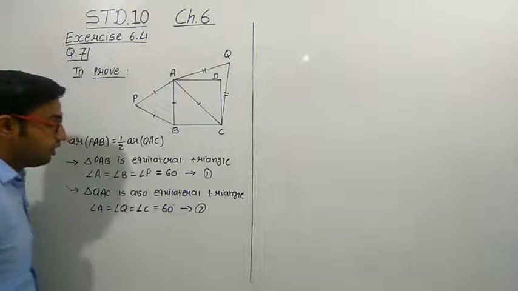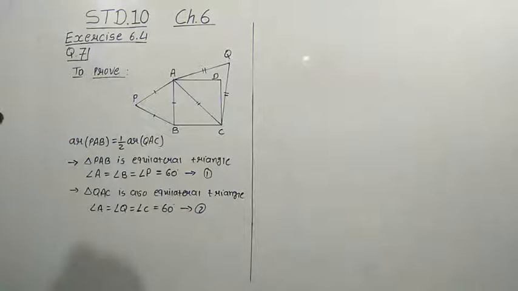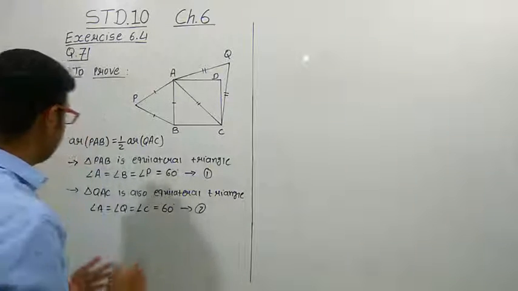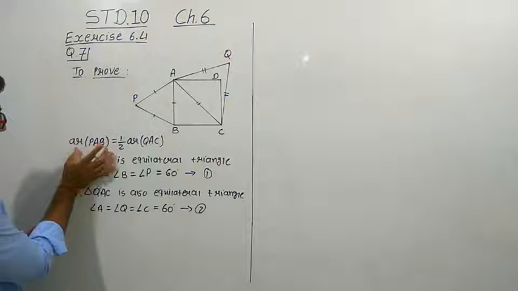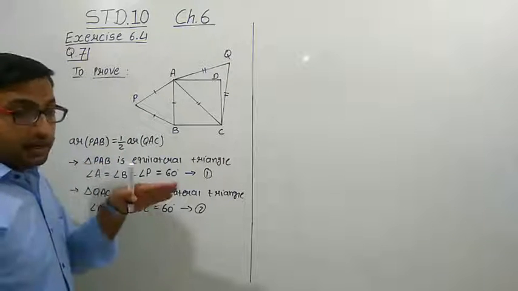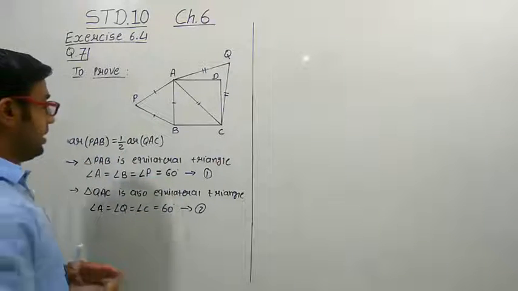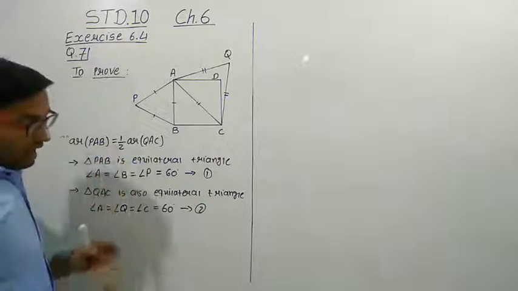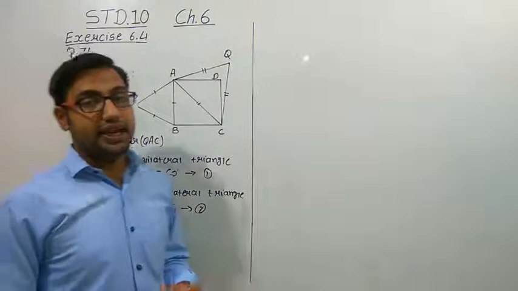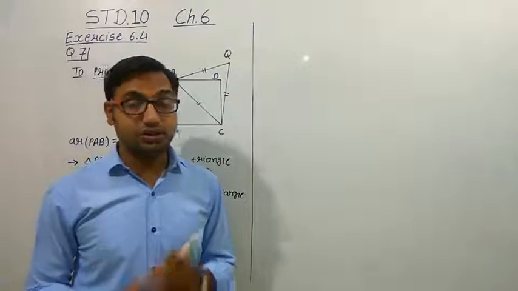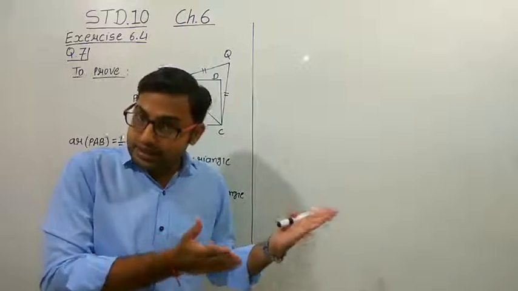Give it equation number 2. So we can prove that area of PAB is half the area of QAC by taking the ratio of the areas of these two triangles. And whenever we have to use the ratio of the areas of two triangles, we have to prove that the two triangles are similar.